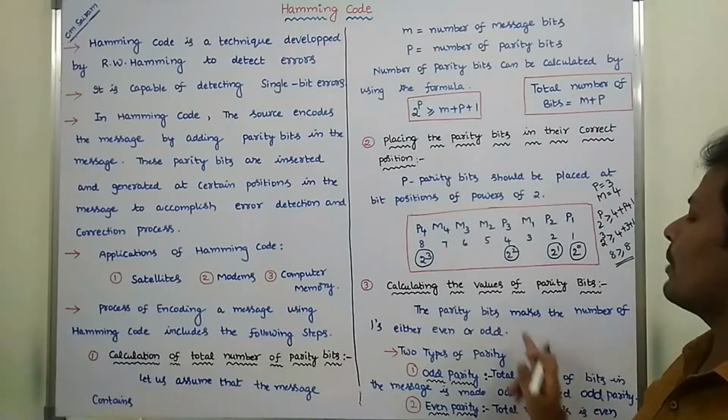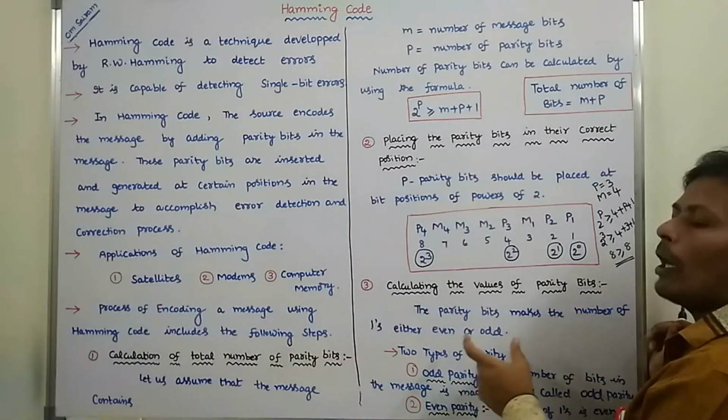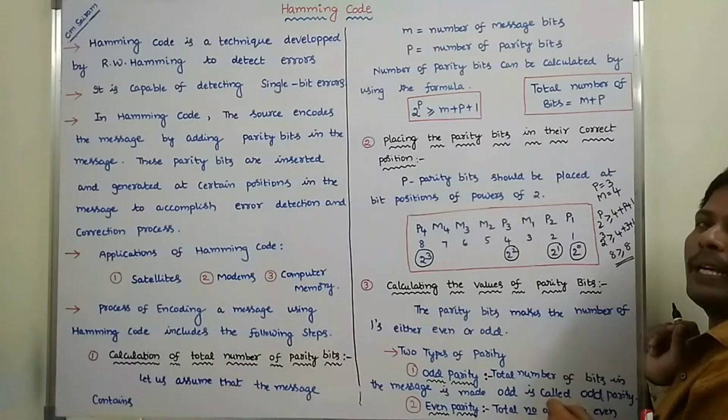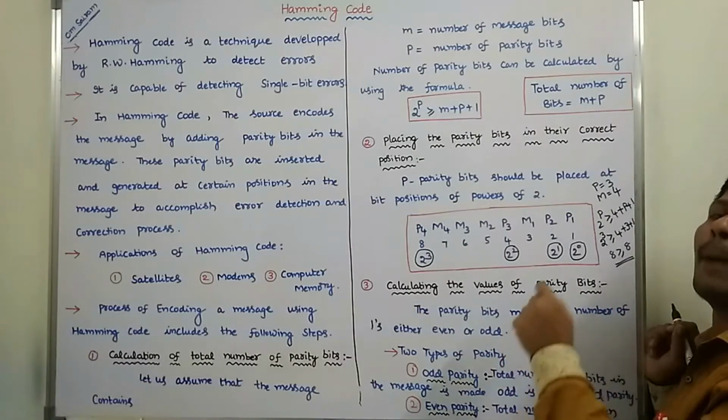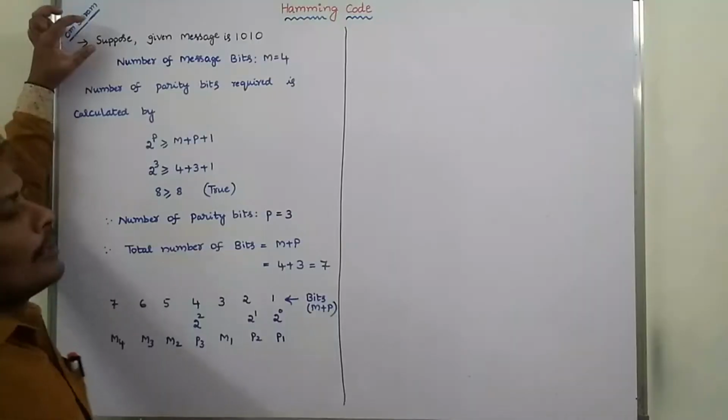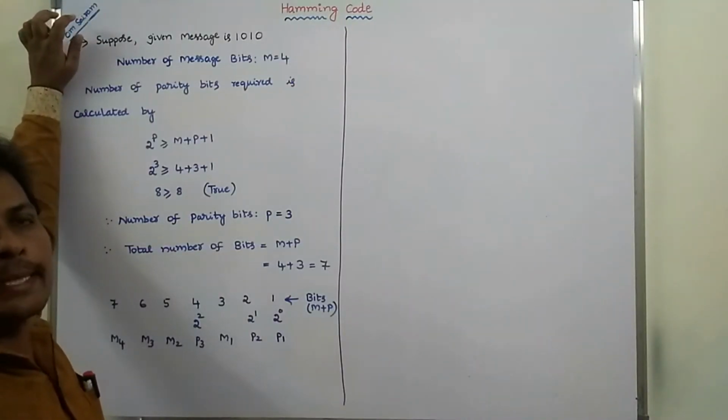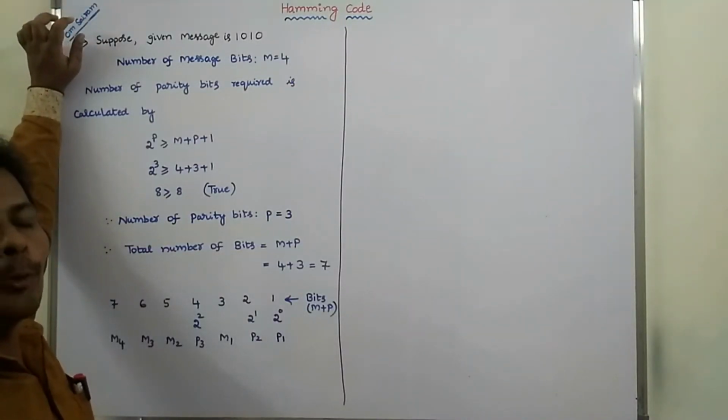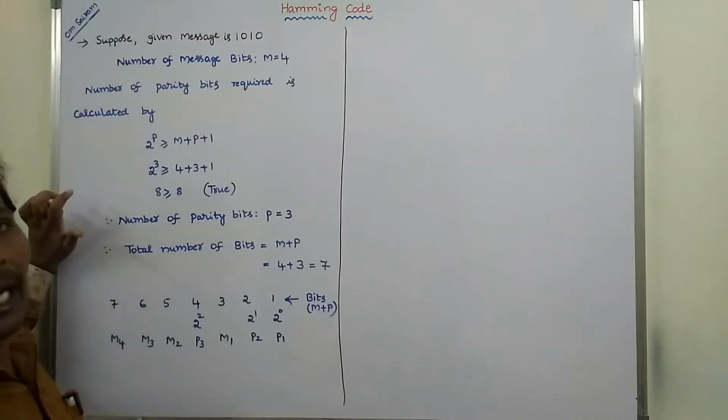Okay. Once we have found the odd parity and even parity, then how to calculate the parity bit value? The parity bits are calculated by using this example.